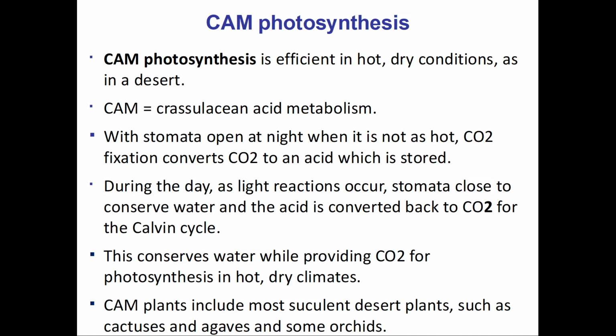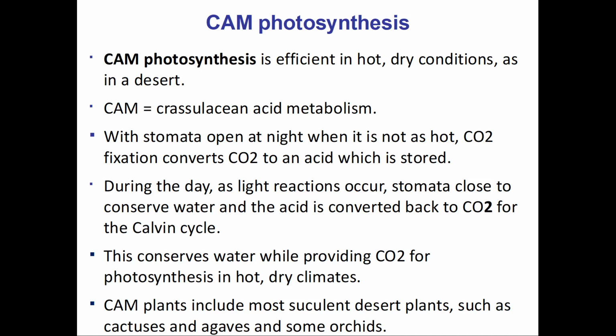It can take this acid and convert it back to CO2 for the Calvin cycle. This prevents it from being dehydrated because you have the stomata closed and you're able to do light reactions with all the vents closed in the leaf.